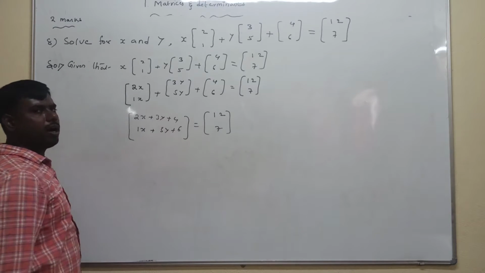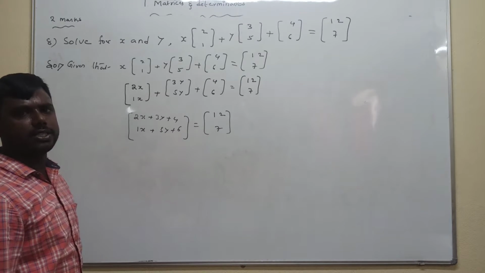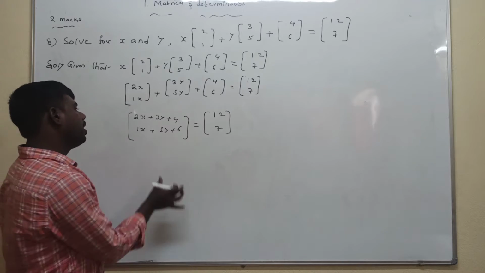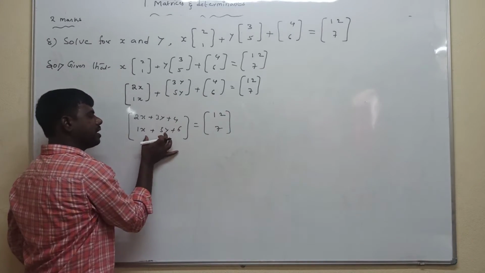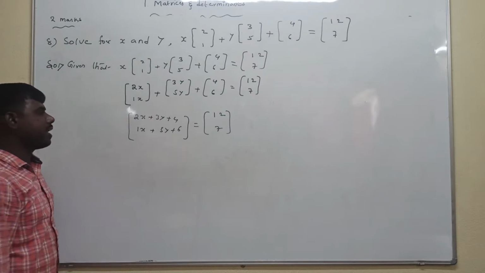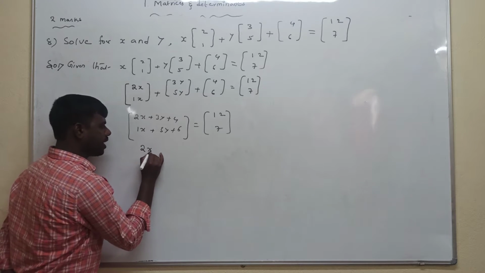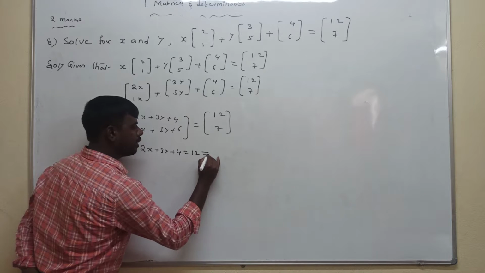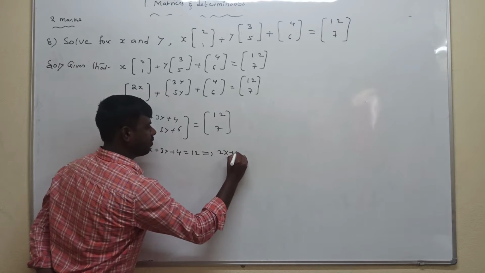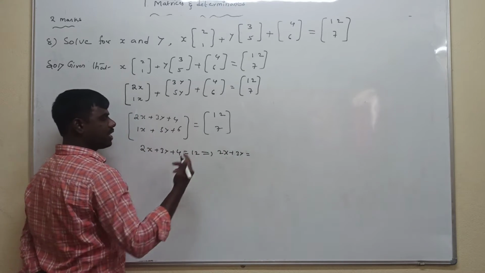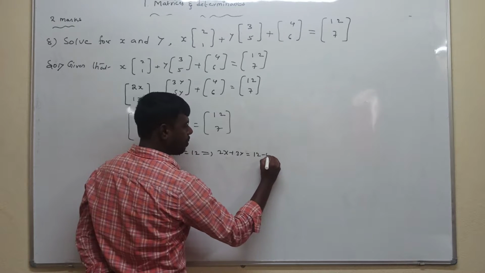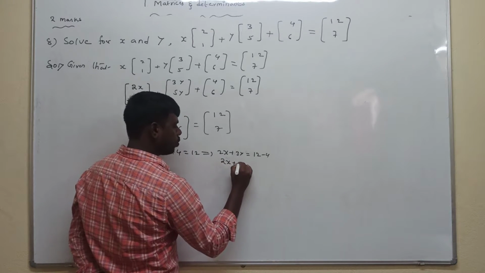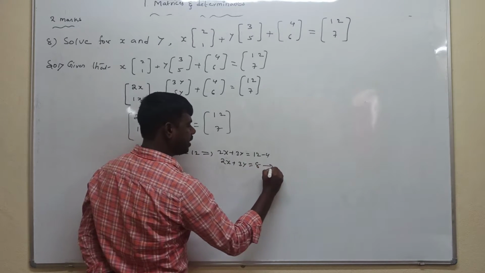Now, for equality of two matrices, the condition is corresponding elements are equal. First element is equal to first element, second element is equal to second element. So 2x plus 3y plus 4 is equal to 12, implies 2x plus 3y is equal to 12 minus 4, so the equation is 2x plus 3y is equal to 8.